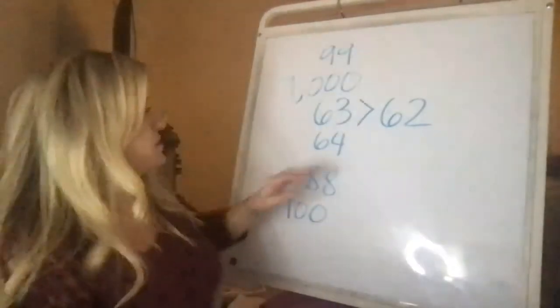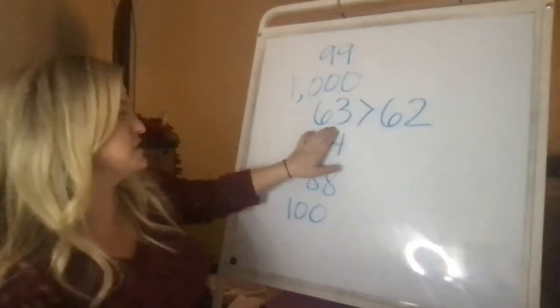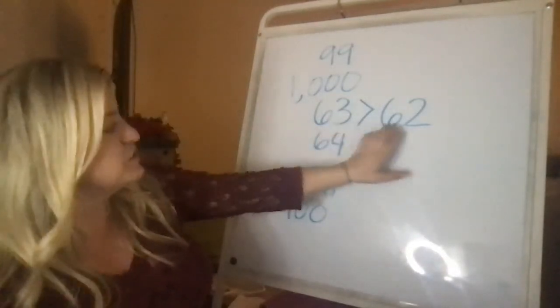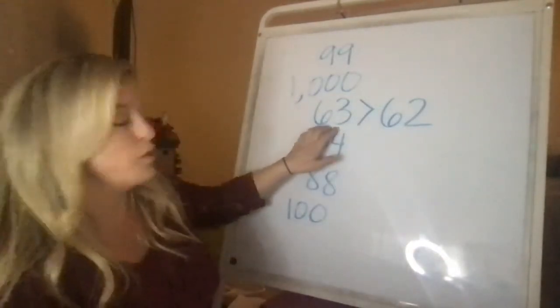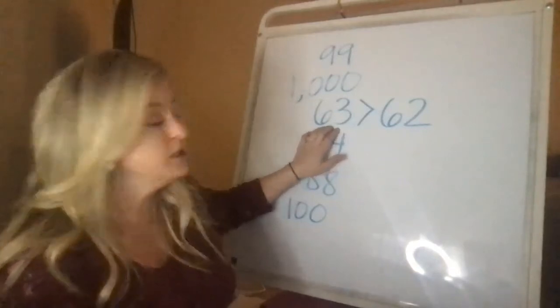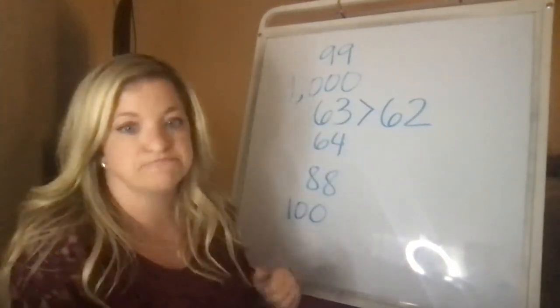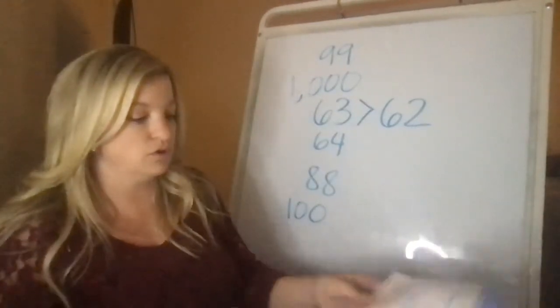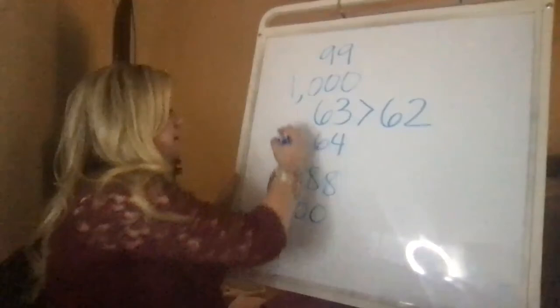Whatever you want, as long as it's greater than 62. 63 is greater than 62. Can it be 61? No, that's less than. 60? No, that's less than. So any number you want that's higher than.